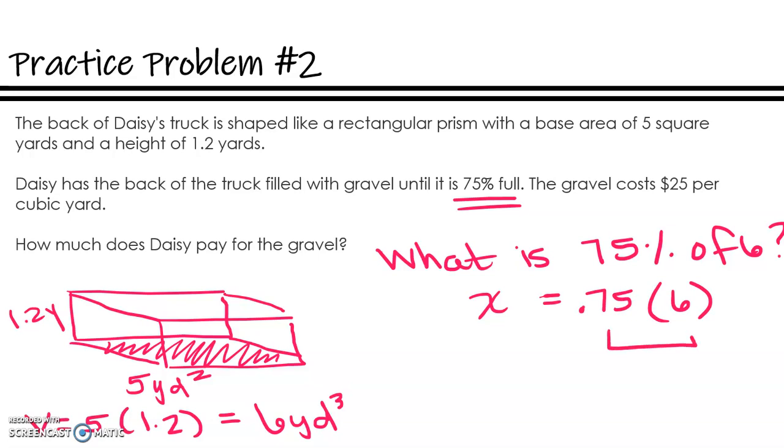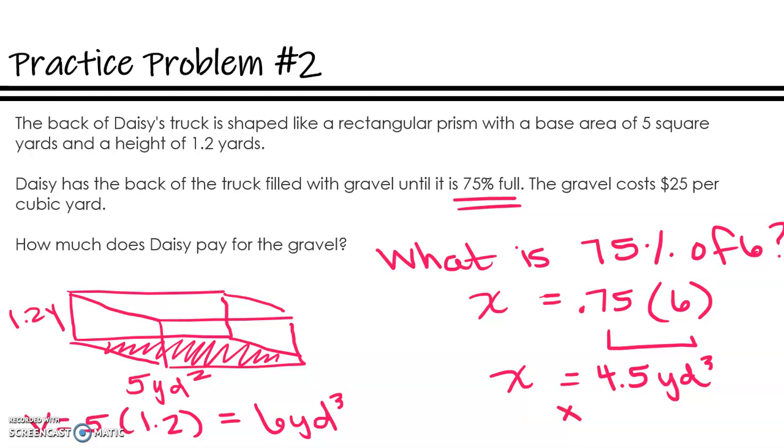So I'm going to do 0.75 times 6, and that is going to be 4.5. So what that means is she's using 4.5 yards cubed of the amount of truck. That's the amount of space that she's filling it up with.